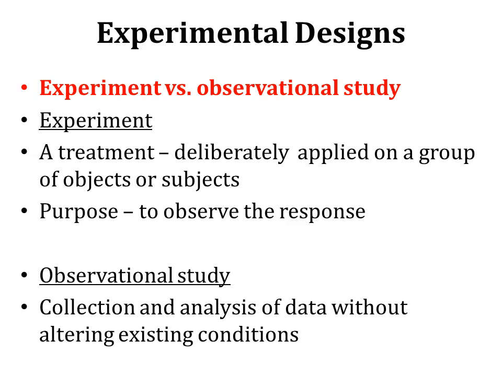So there is a difference between experiments and observational studies. In an experiment, you define a treatment, you deliberately apply the treatment onto your group of objects and subjects to see the response to that treatment. While in case of observational studies, you are not going to apply any treatment, rather you're observing, you collect the data from the existing conditions and you analyze that data to get your answers.